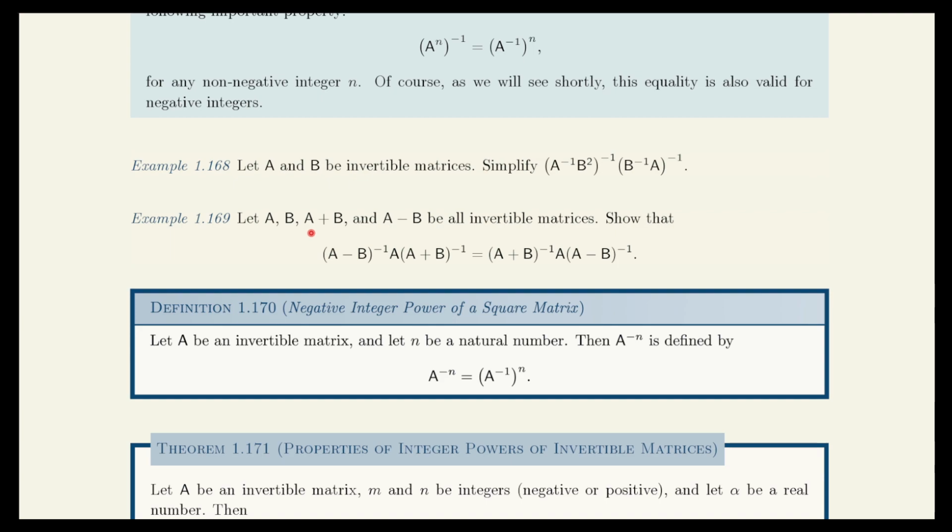But if A and B are invertible, we saw that the product is always invertible. But that is not true for the addition or subtraction of two matrices. So if I want to use them, I have to explicitly mention that all of them are invertible matrices. So we want to prove that this is equal to that.